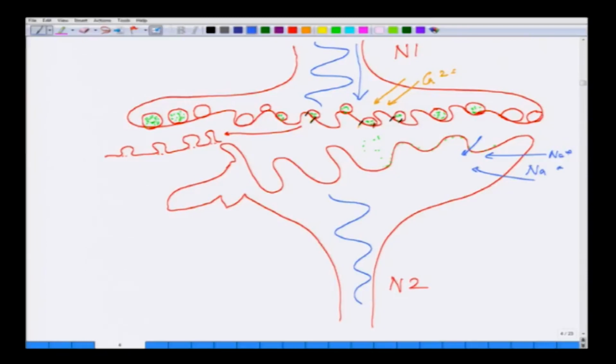If this neurotransmitter is inhibitory, then it could secrete something like GABA or glycine. Once GABA and glycine bind to this particular postsynaptic neuron, this may lead to the opening of, say, chloride. So, when the chloride comes in, from minus 80 millivolt, where the cell is sitting, it becomes more negative, it becomes minus 90 millivolt.